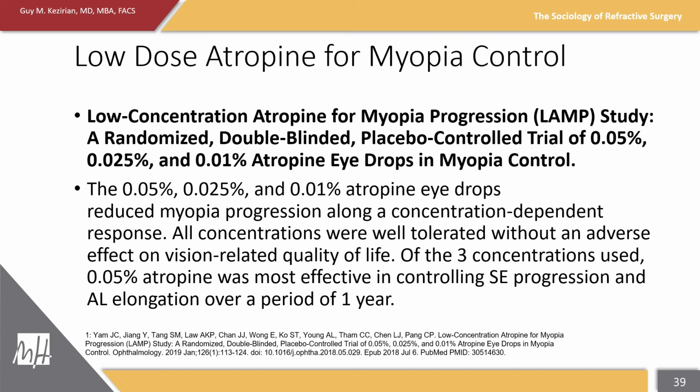Low-dose atropine control is effective. The titration of doses is being evaluated still. This will be going for some time, I would predict. It doesn't prevent myopia, but it definitely slows the progression. Several different studies have been done. Some very nice longitudinal studies have been done and are ongoing. The drops are typically given 2 or 3 times a week.